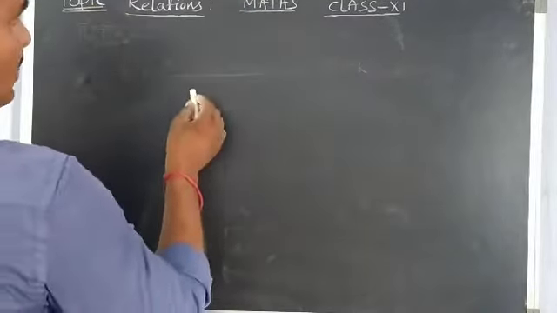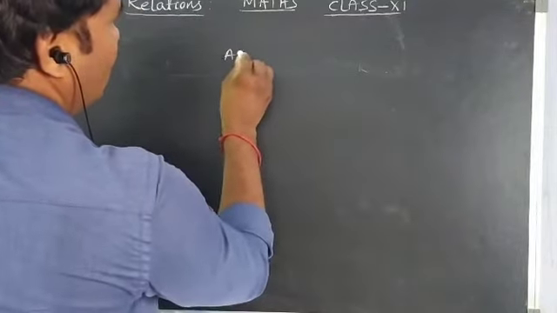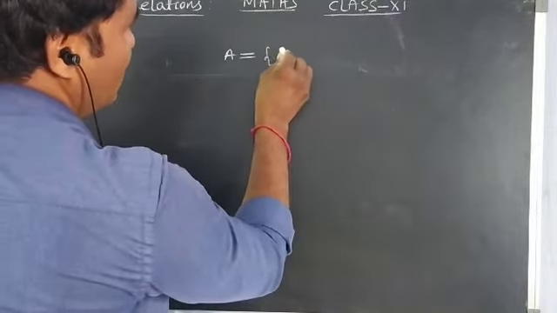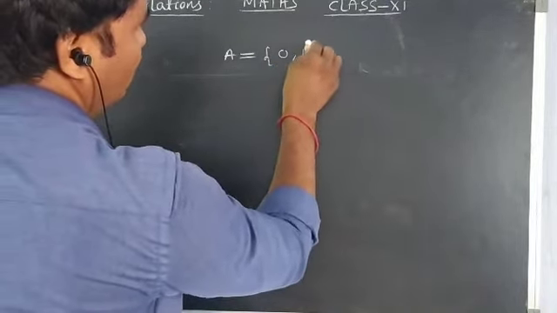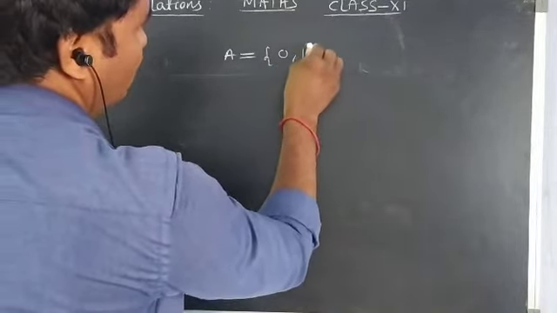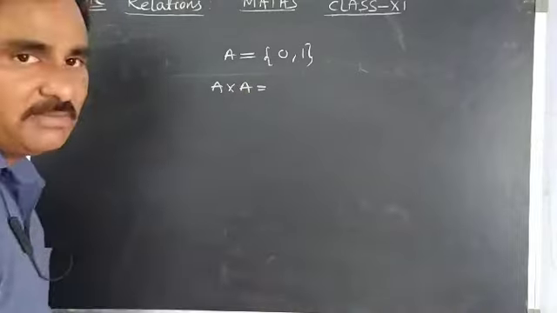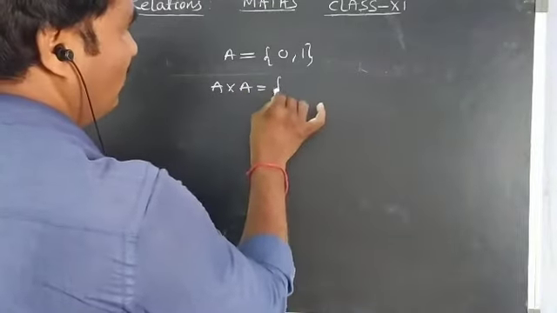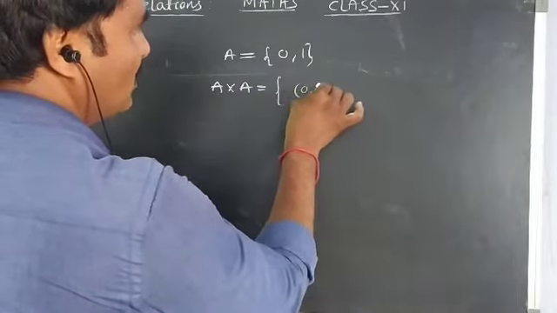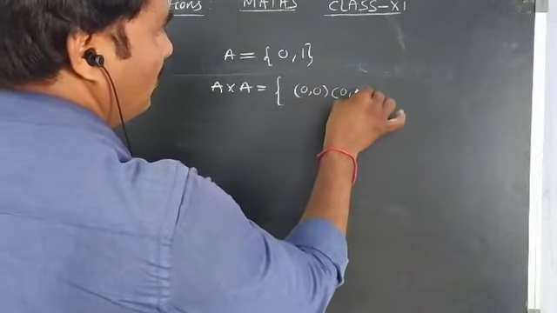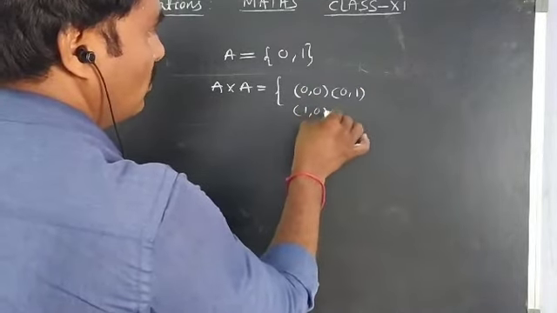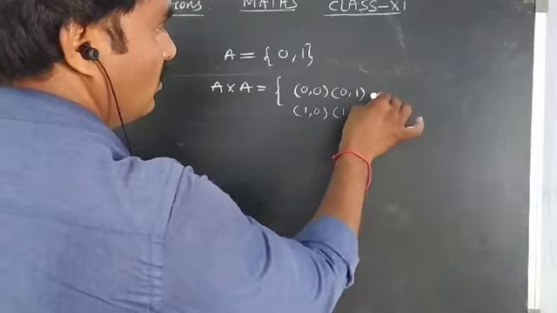See here, I am taking one non-empty set A, which contains 0, 1. I am taking the Cartesian product with the same set, A cross A. What will you get? You will get (0,0), (0,1), (1,0), (1,1).